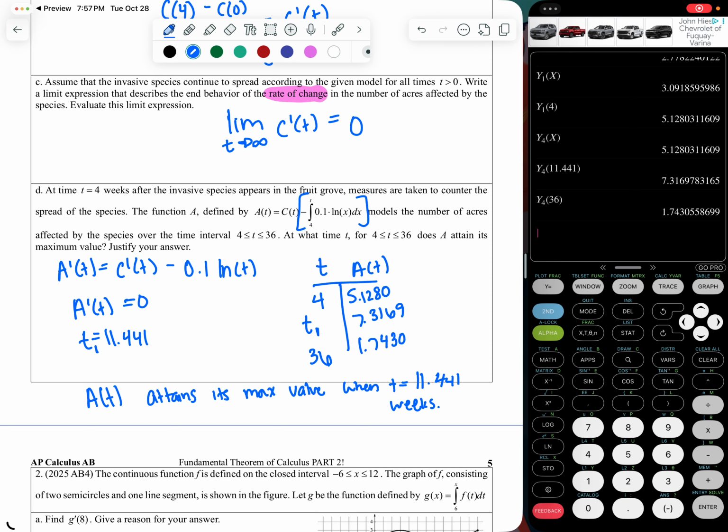Notice how in my little statement, I did not include the Y value because it did not ask me anything about the Y value. So please do not write the Y value. You're just giving me too much information.